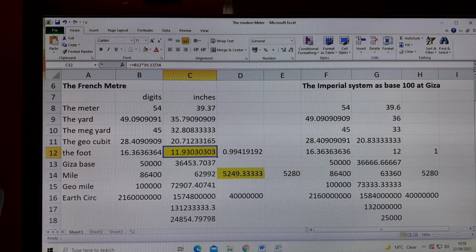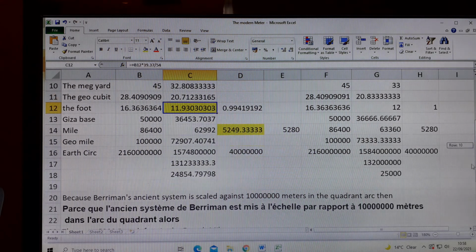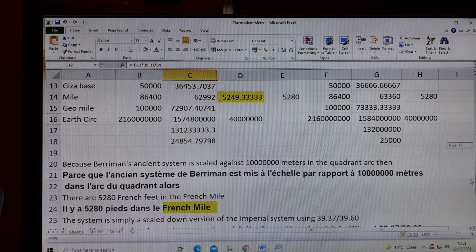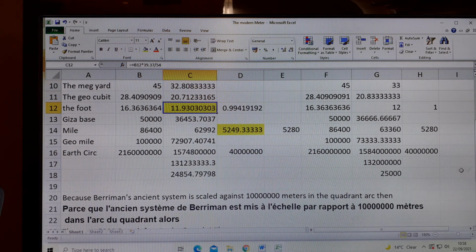And when we use all those numbers, this is what's happening. Because Berriman's ancient system is scaled against 10 million metres in the quadrant arc, then there are 5280 French feet in the French mile. So let's have a look again.